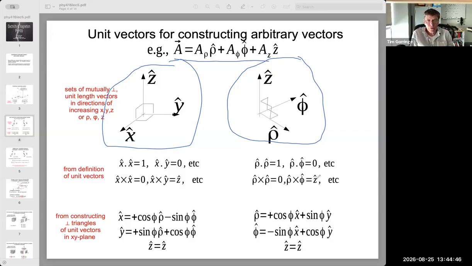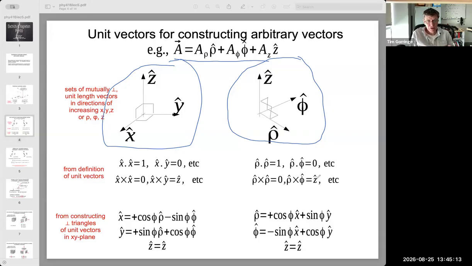We talked about how to translate rho, phi, and z to x, y, and z, and vice versa, but how do we translate the unit vectors? This is important because of a fundamental difference between the x, y, and z unit vectors and the rho, phi, and z unit vectors. And the difference is as follows.